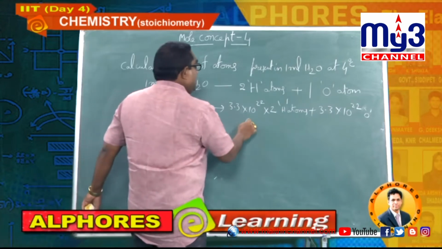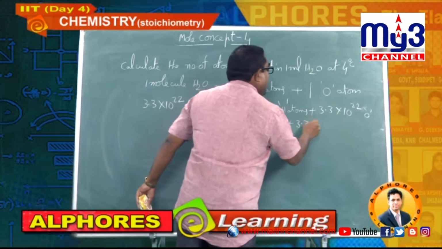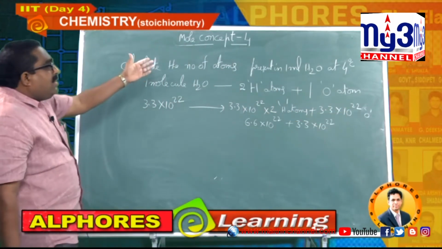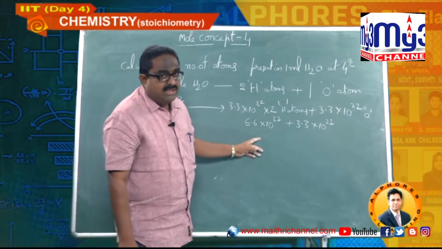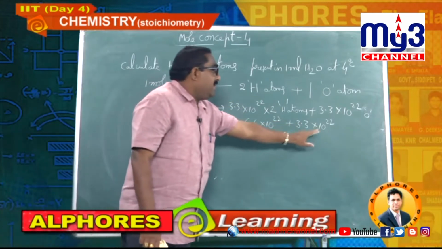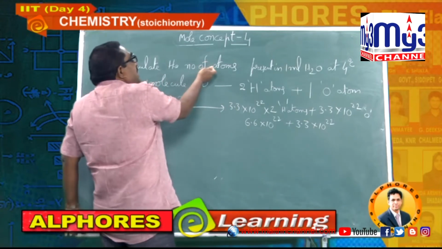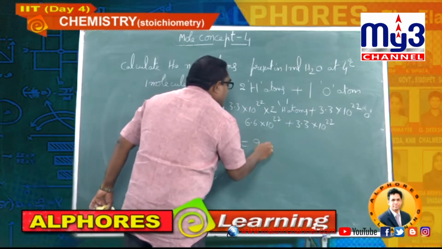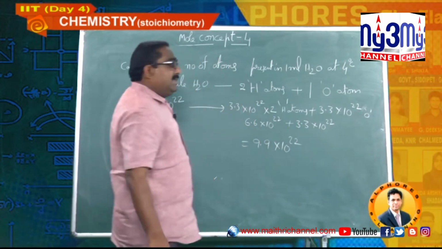Now, this is 6.6 into 10 power 22 plus 3.3 into 10 power 22. If the question is asked only for hydrogen atoms, your answer is 6.6 into 10 power 22. Only for oxygen atoms, your answer will be 3.3 into 10 power 22. If it asks for the total number of atoms, with nothing else mentioned, you have to add these two, and finally your answer will be 9.9 into 10 power 22.